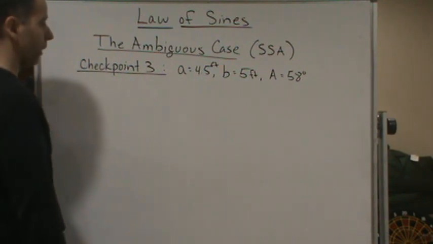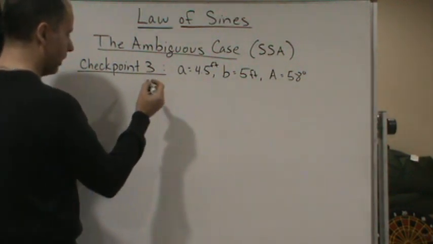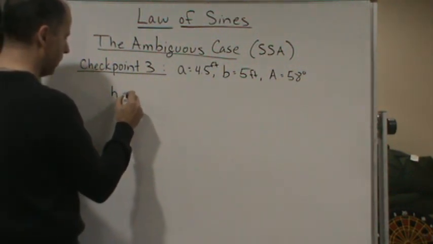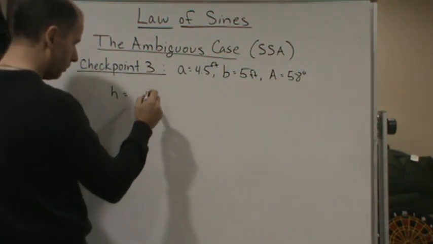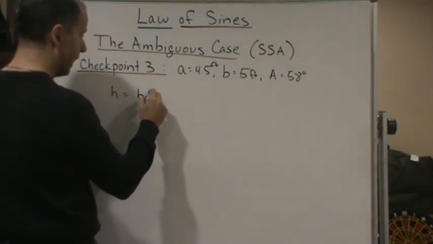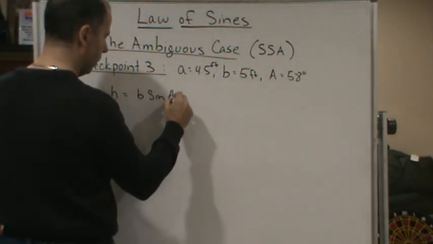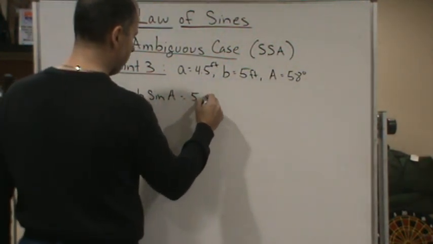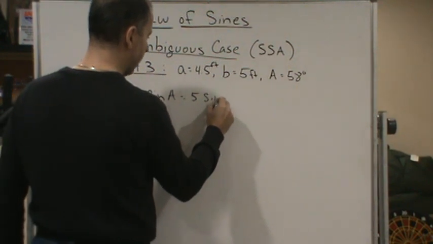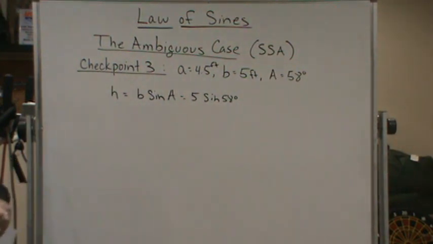Okay, so here we go. The first thing I'm going to do is find the height of the triangle. So h equals b times sine A, which is equal to 5 times the sine of 58 degrees. Let's see what that gives us.